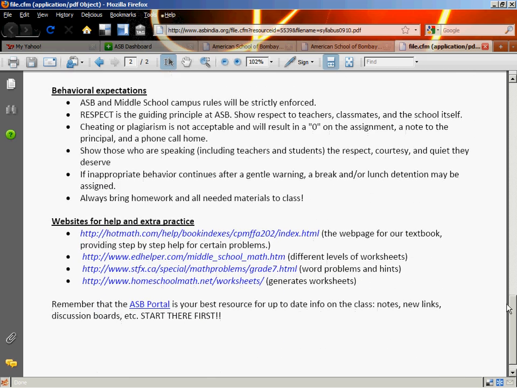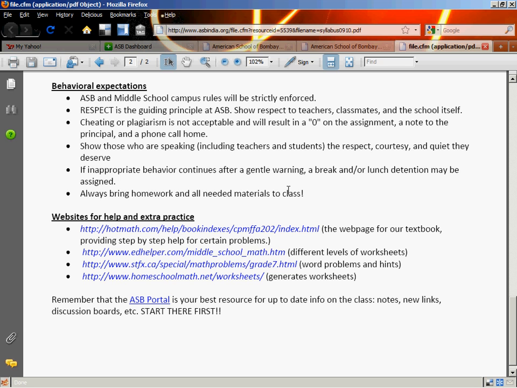Obviously, in class, there are going to be some expectations as to how you behave and how you work. The ASB and middle school campus rules enforced. You need to be showing respect to your peers, your teachers, your school, the building, the materials, everything around you.